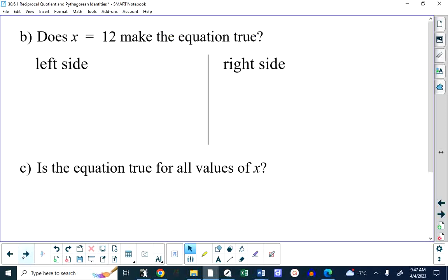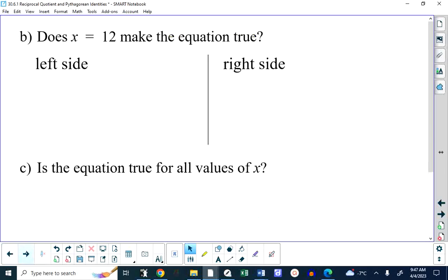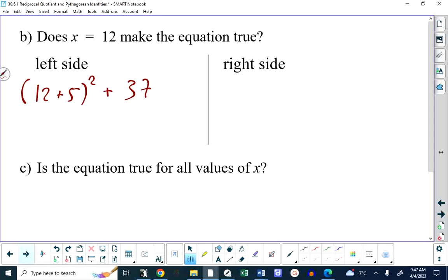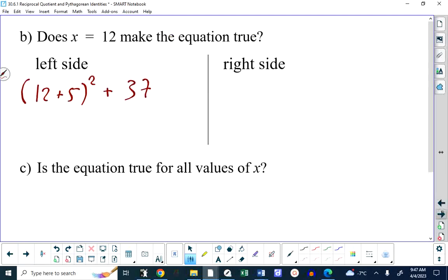Does x equals 12 make this equation true? Well, we have x plus 5, so that's 12 plus 5, quantity squared plus 37. Did I remember that right? Is that what the left side was? Okay. And the other side, I'm not going to try to remember: x squared plus 10x plus 62, and we're putting in 12.